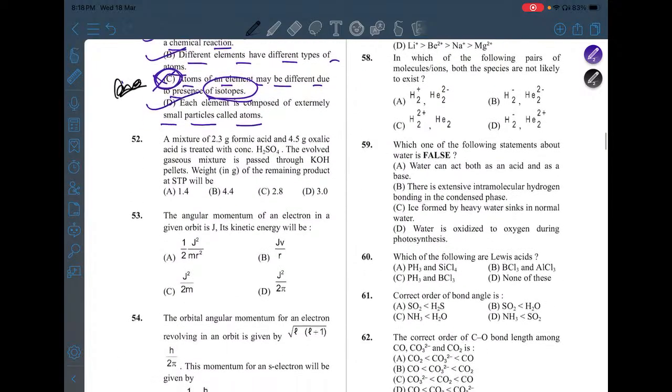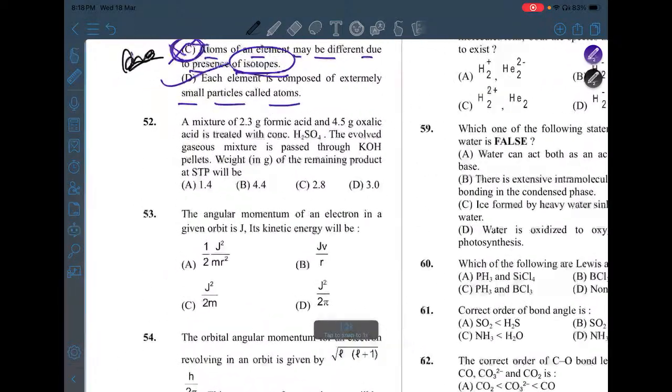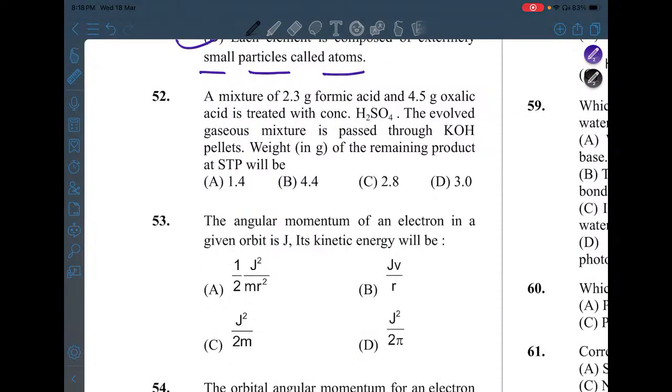Now question number 52, first read the question. A mixture of 2.3 gram of formic acid, HCOOH, whose molecular weight is 46, and 4.5 gram of oxalic acid, H2C2O4, whose molecular weight is 90, is treated with concentrated sulfuric acid.